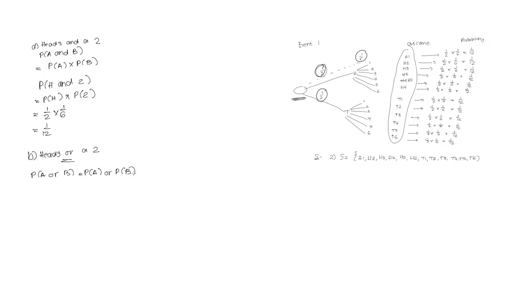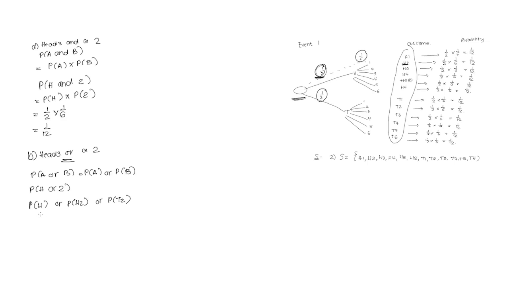In our case, the probability of getting a heads or a 2 is the following. We obtain the probabilities for each of these events from our tree diagram.